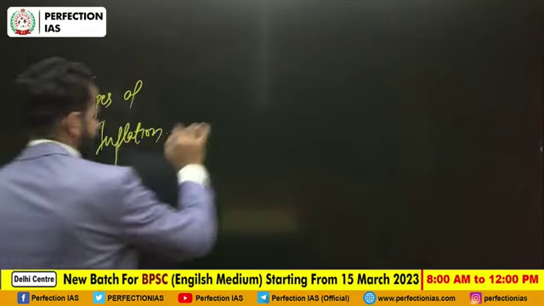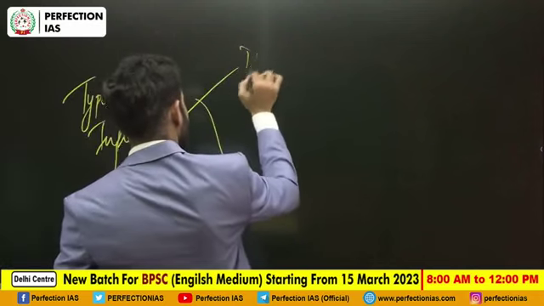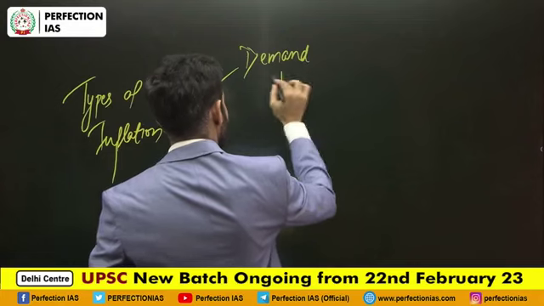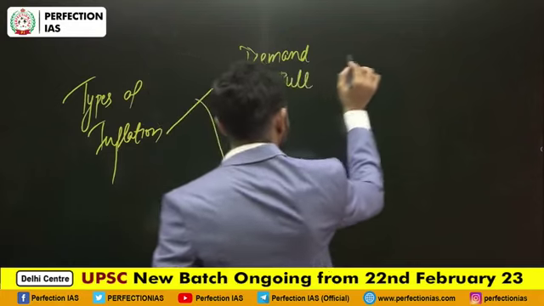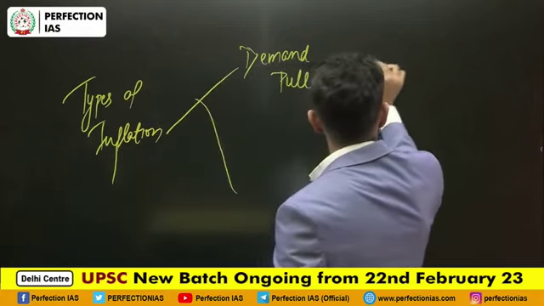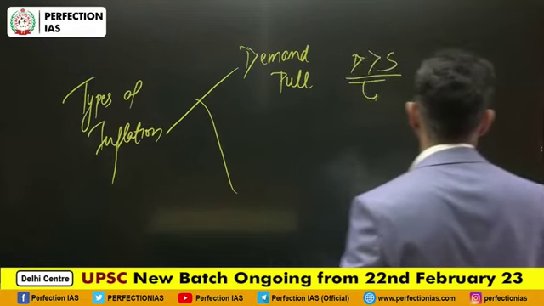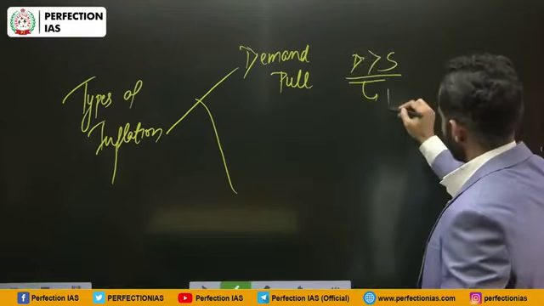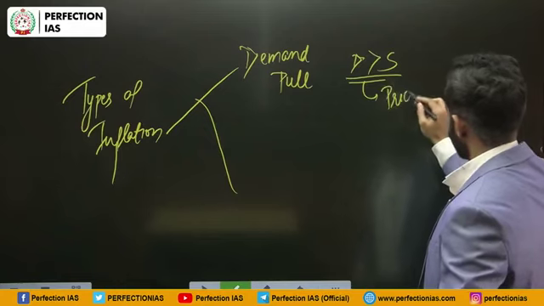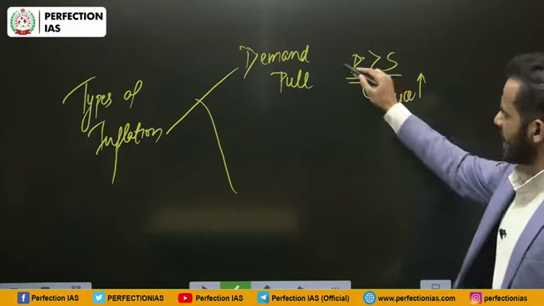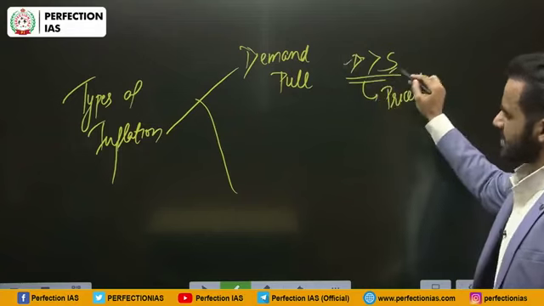So first thing first, demand pull. That means demand is higher than supply. Since demand is higher than supply, the price will be higher. Why so? Because more number of people are buying and the supply is limited.